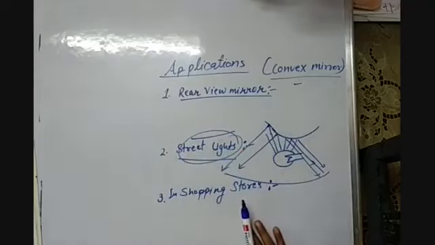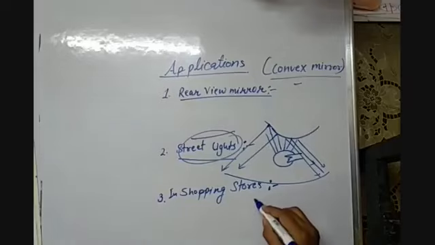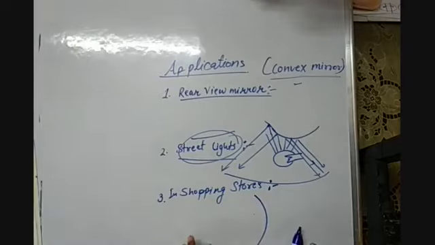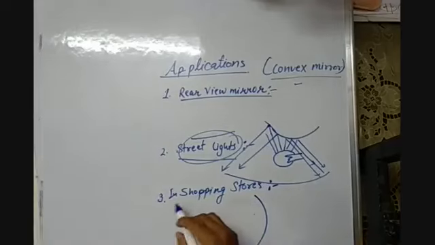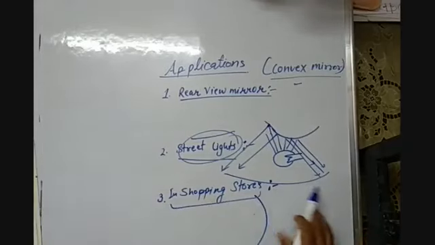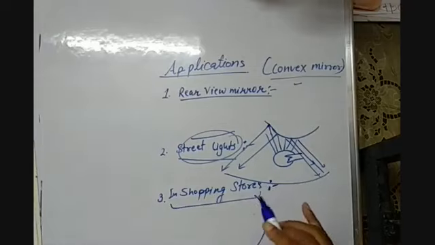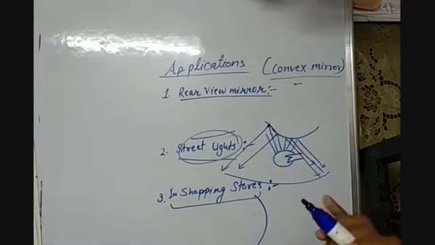The next use is, you might have seen a very shiny mirror which has a bulging out surface, and most of the time you might have seen this kind of mirror in big shopping stores or outside storage godowns. These kinds of mirrors are used in shopping stores to keep a check on activity in the store.